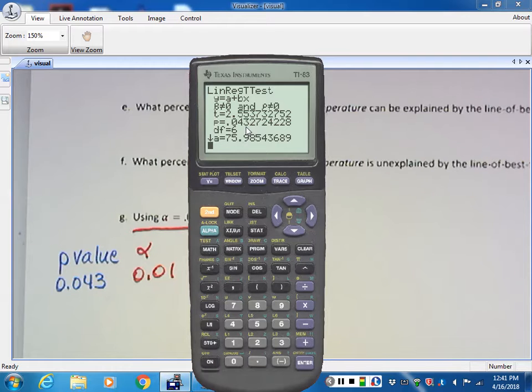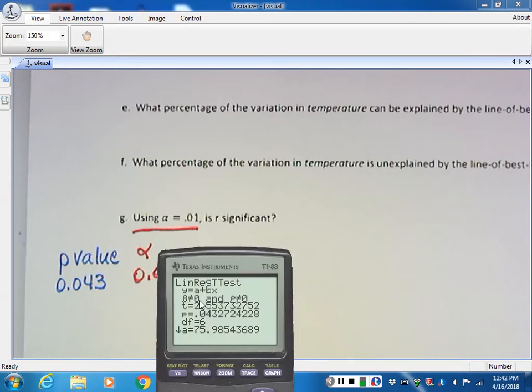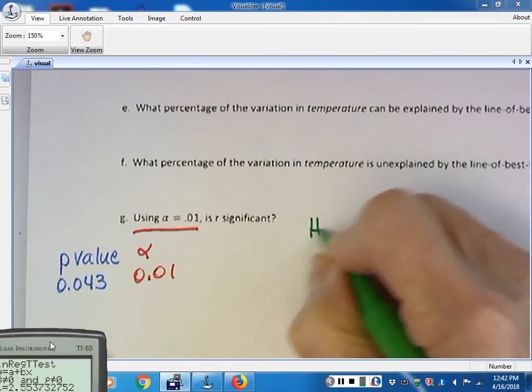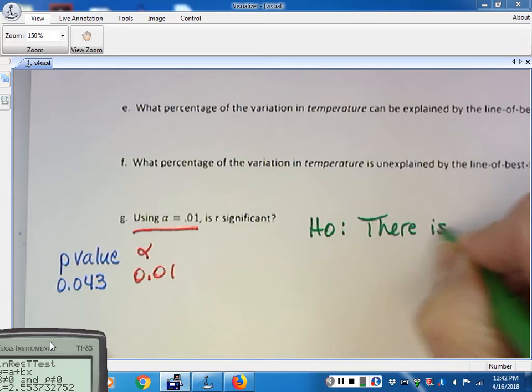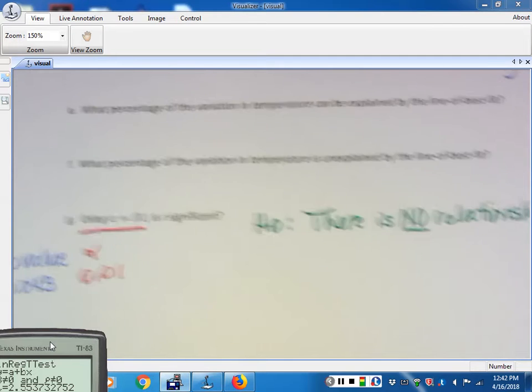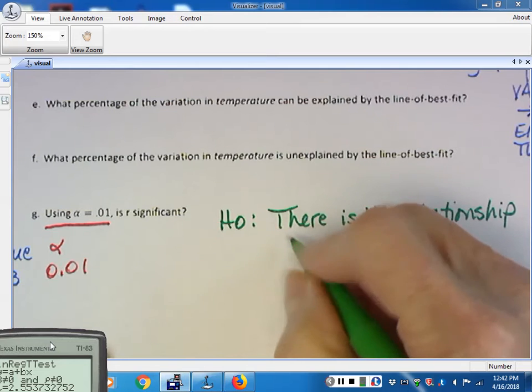This works exactly the same way as any other hypothesis test would. H0 says there is no relationship between muggings and temperature.